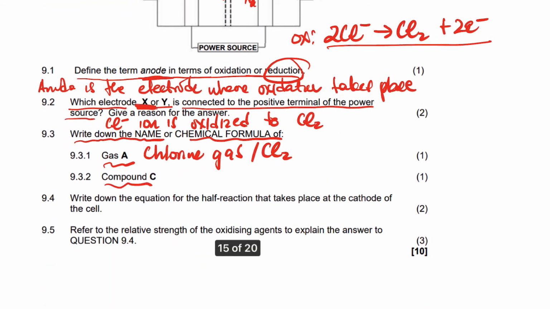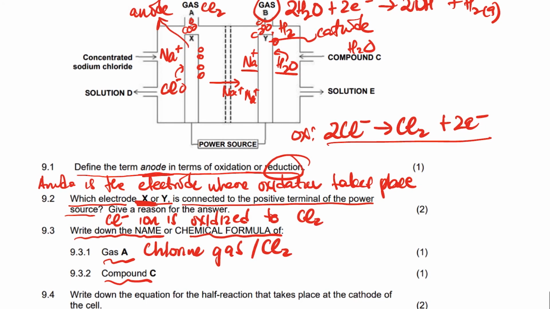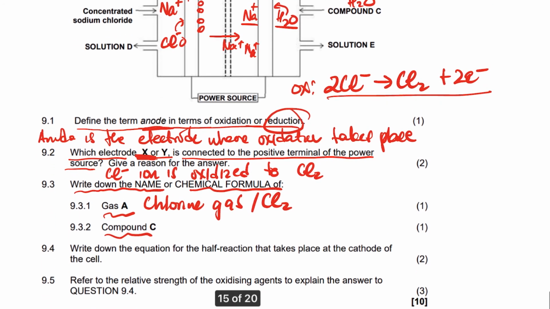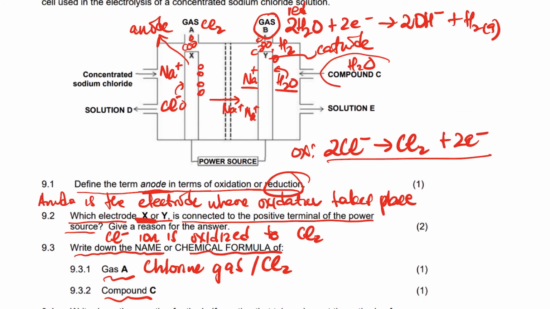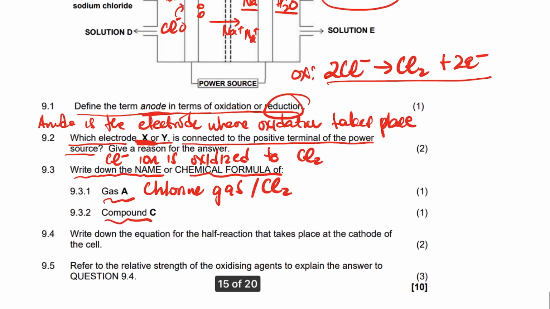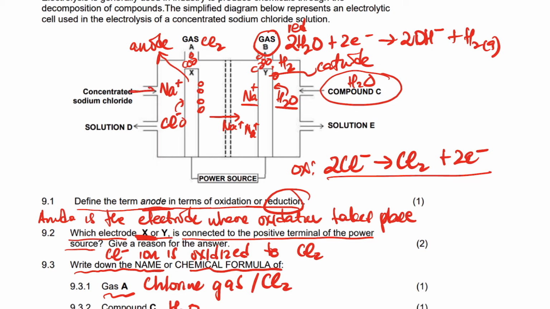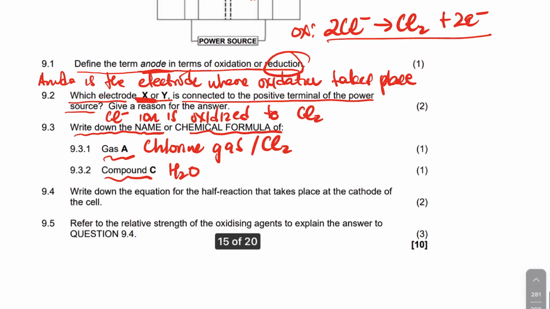Now compound C, what is compound C? Compound C is water. Remember I said it's water that is inserted there. Remember here they said what is inserted there? It's sodium chloride, right?